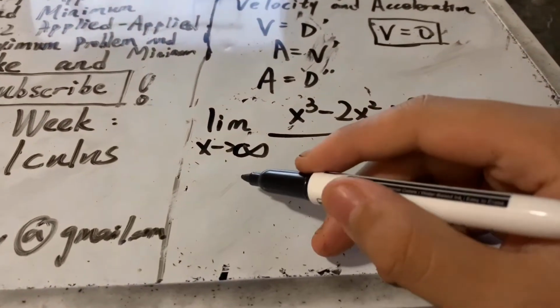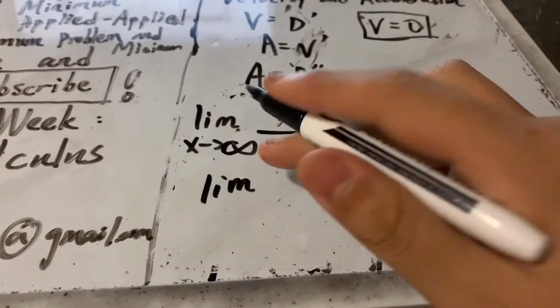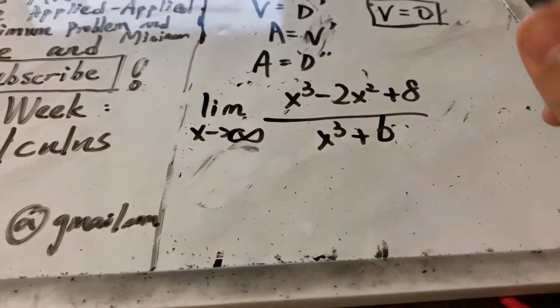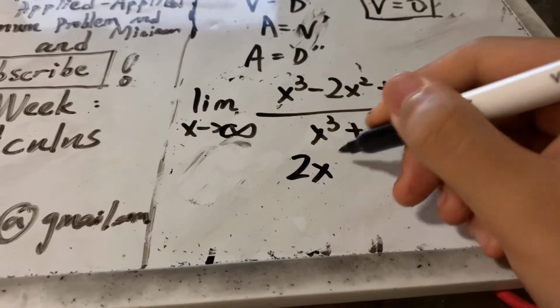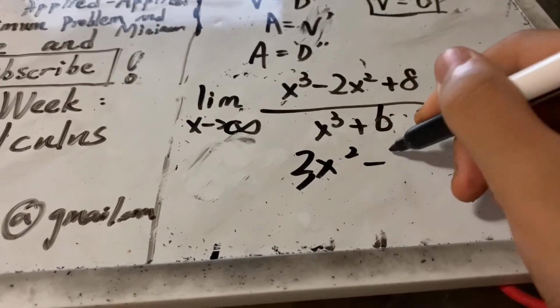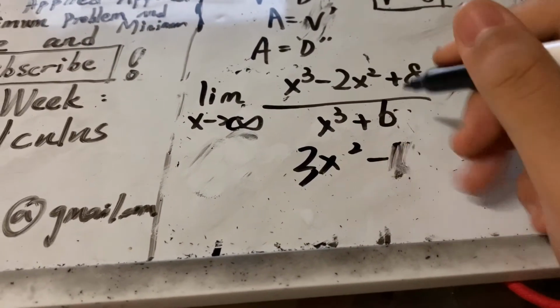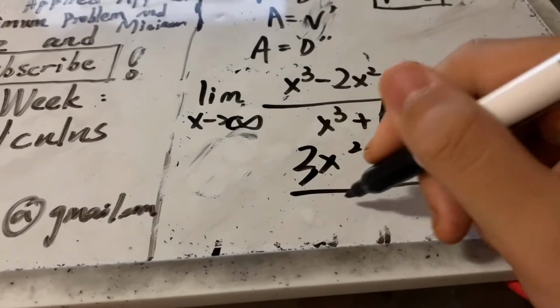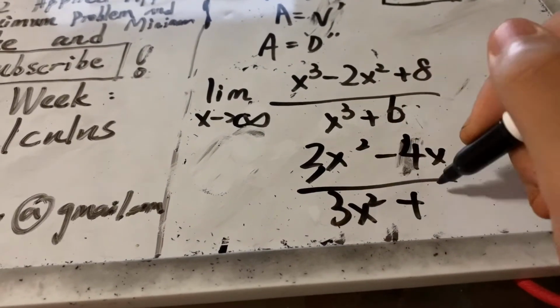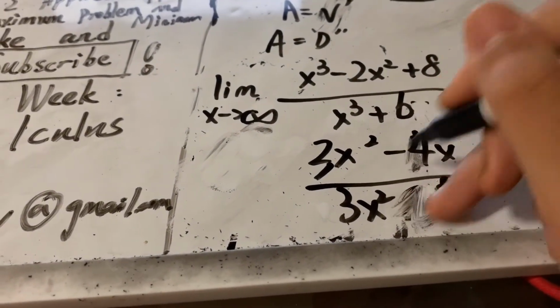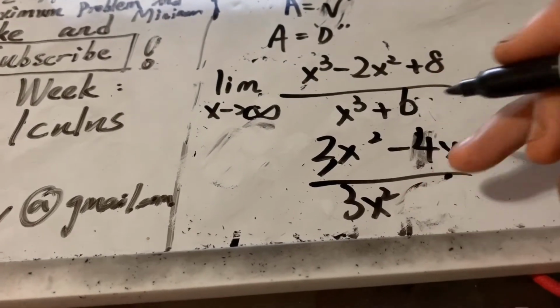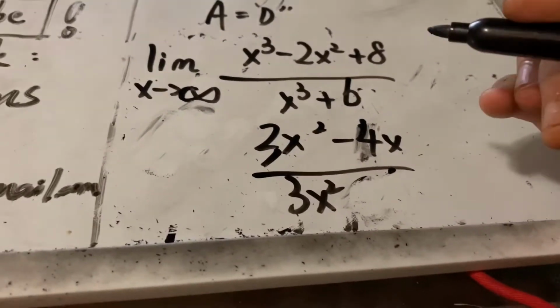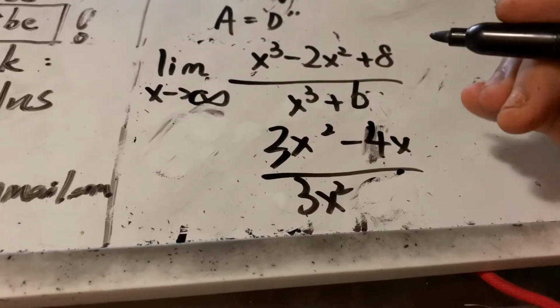What we are going to do next is calculate the derivative of each, which is 3x squared minus 4x over 3x squared plus 6, and you plug in infinity and you are able to get the answer.